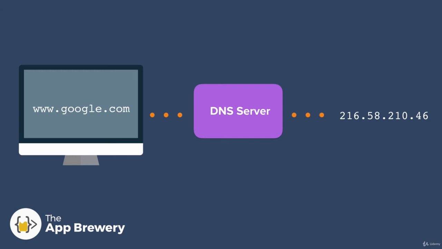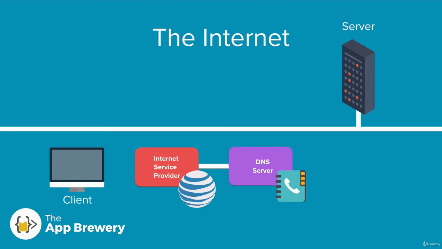And every single computer that's connected to the internet has an IP address. This is like a postal address for your computer, so that when people need to send and receive files on the internet, each computer can be located by their unique IP address. And once the DNS server finds the IP address, it sends that back to your browser. So now you know the exact address where you can find the Google homepage.